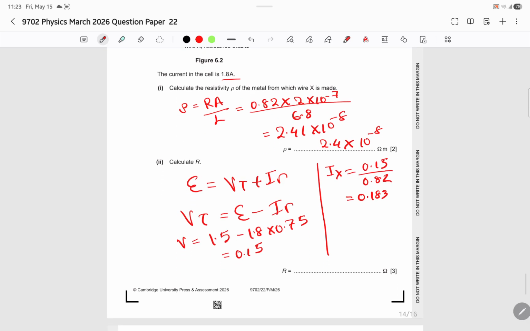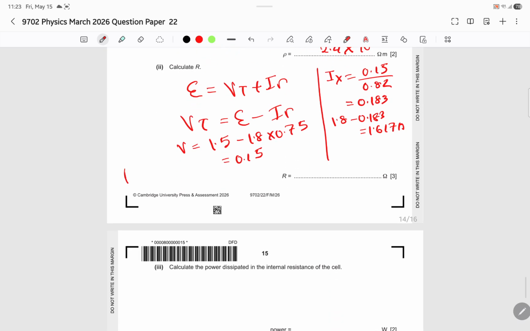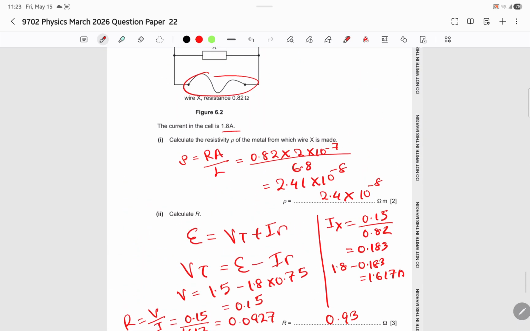Now subtract that from the total current, which is 1.617 amps. Now we can use the final formula, R equals V by I, which is 0.15 by 1.617. This comes out to be 0.0927. Rounding off to 2 SF, 0.93. This was in ohms.